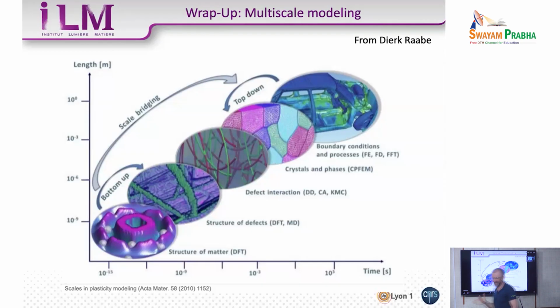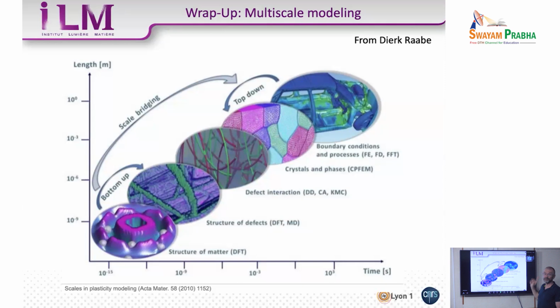Now, what I find interesting is that there are different ways to move. Two things that I want to say. The first is, if you look at the number of decades in length, you have about 9 orders of magnitude, right? If you look in time, you go from 10 to the minus 15 to 10 to the 3 or more.